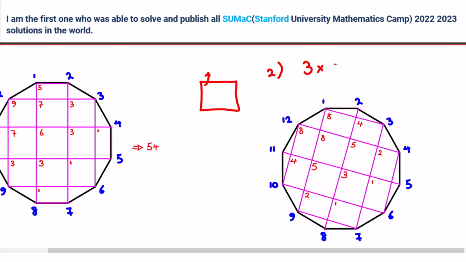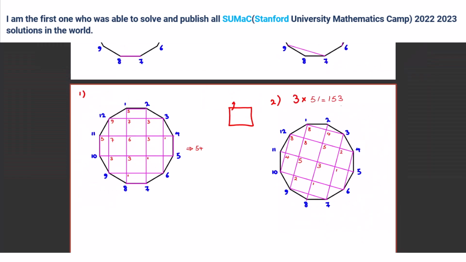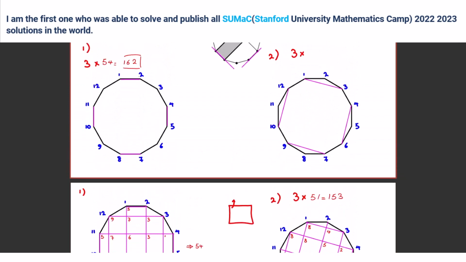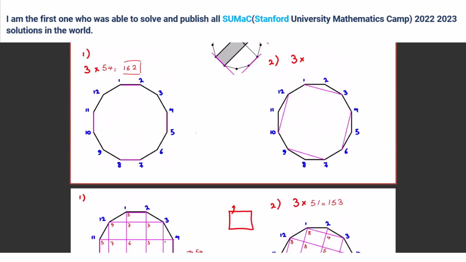So 3 times 51, 153. And this one, 162. So the answer will be 162 plus 153, so 315.